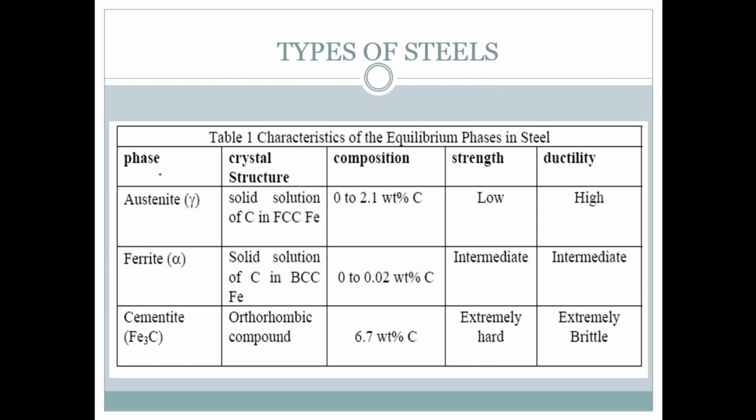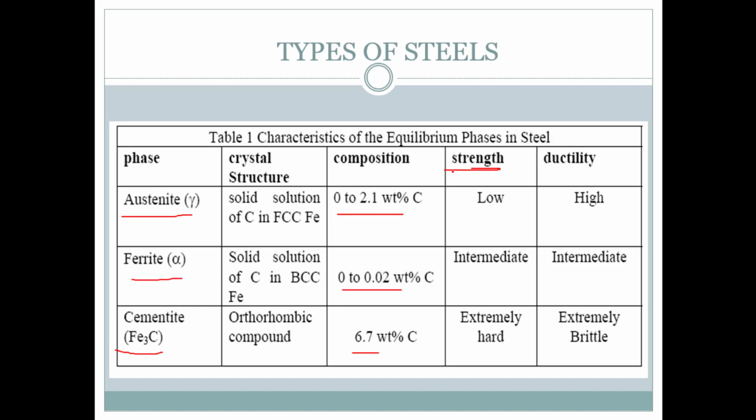So this is a summary of the three phases we demonstrated. We have austenite, gamma, alpha, and cementite or iron carbide. The composition of austenite is between 0 up to 2.14% of carbon, ferrite is up to 0.02, and cementite 6.7% of carbon.